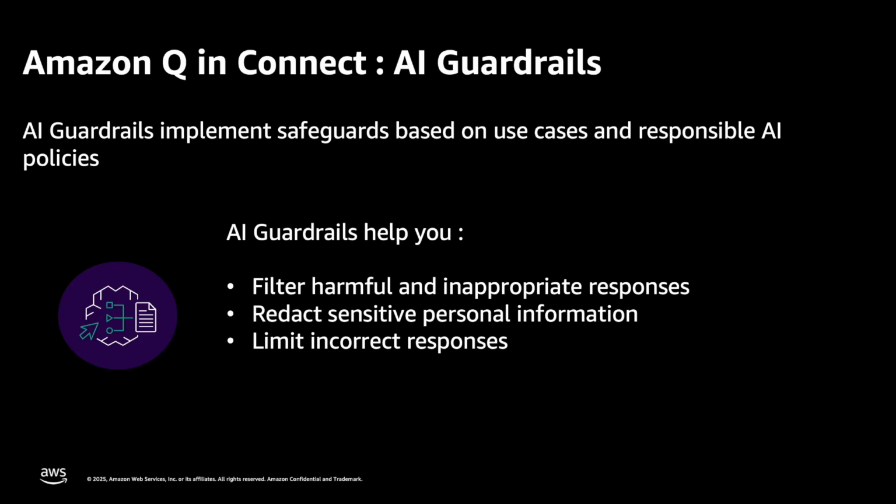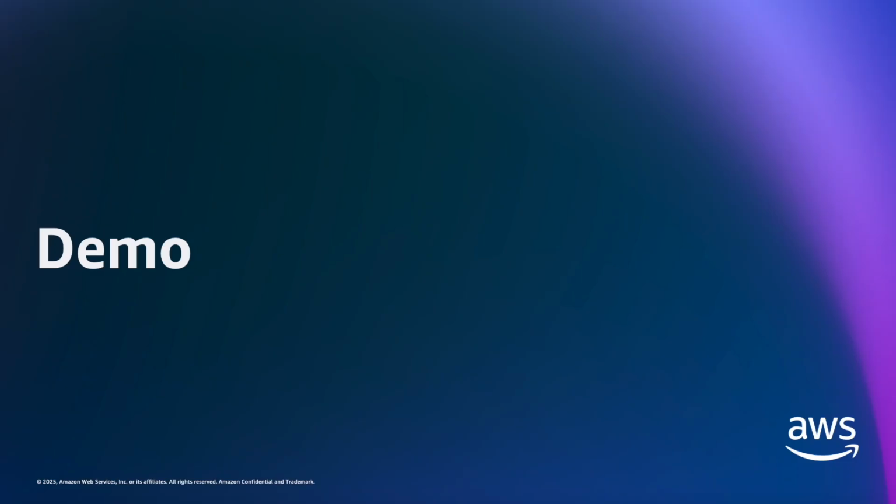Similarly, you can configure filters to help block undesirable words or phrases. You can also redact sensitive personal information and limit incorrect information in the responses due to potential large language model hallucinations. Now, let me hand over to Vaidehi for the demo.